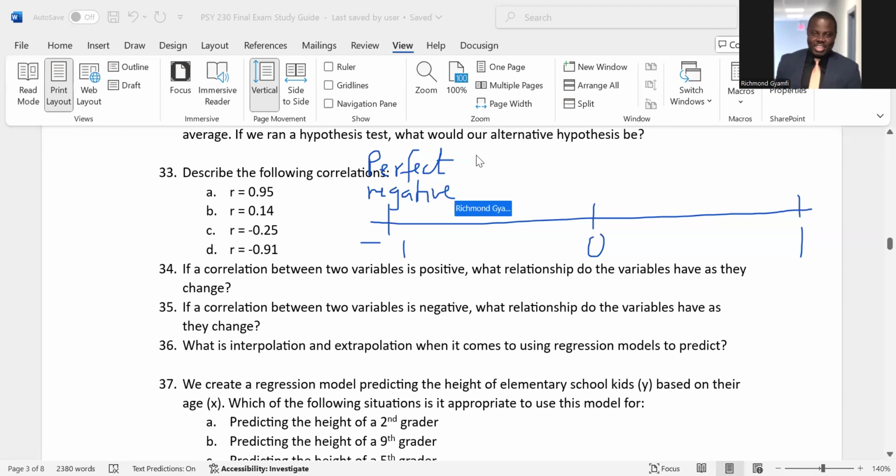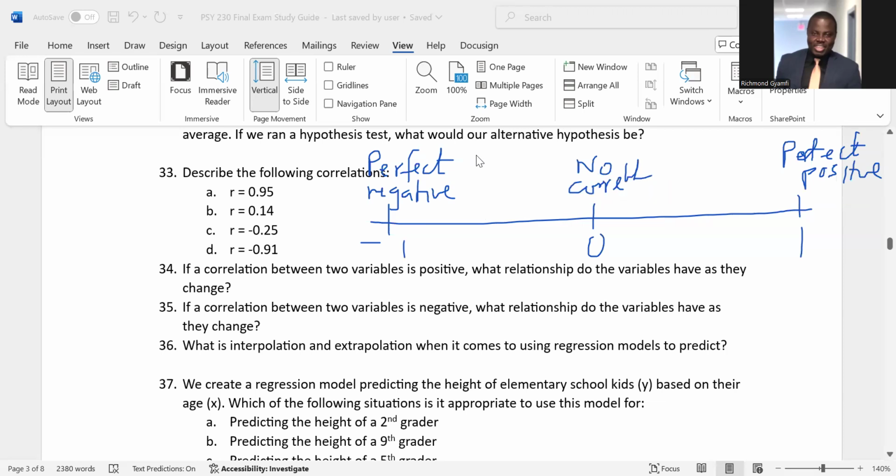If -1 and +1 are perfect negative and positive linear correlation, then 0 is no correlation.